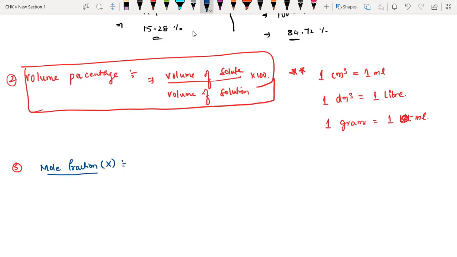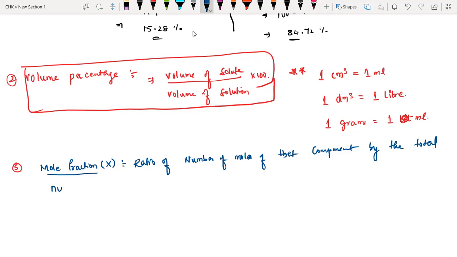Ratio of number of moles of that component by the total number of moles of all the components in the solution.